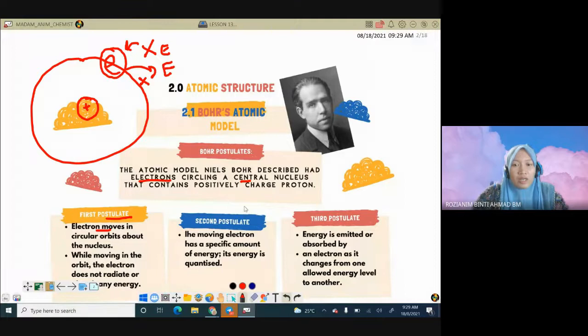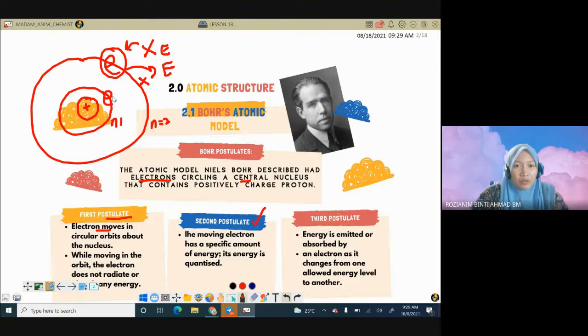But according to the second postulate, while the electron is moving on a specific orbit, for example, if the electron moves in orbit number 1, n equal to 1, it has a specific value of energy. If the electron moves in shell number 2, there is a difference in the value of the energy compared to shell number 1.